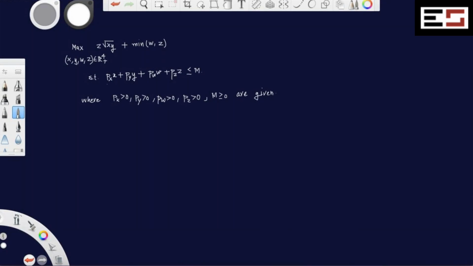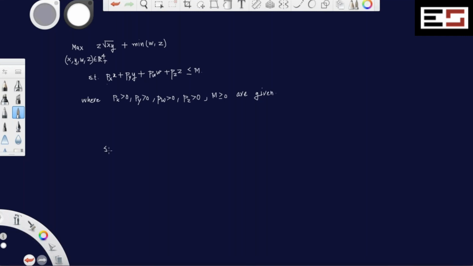And one way in which you can approach and solve this particular problem is the following. You can divide this procedure into two steps.